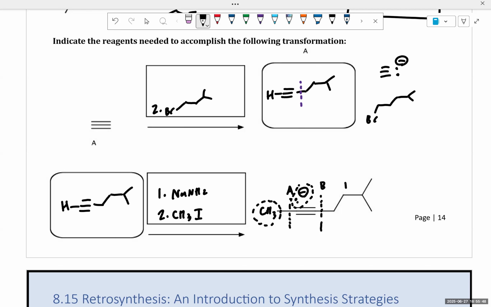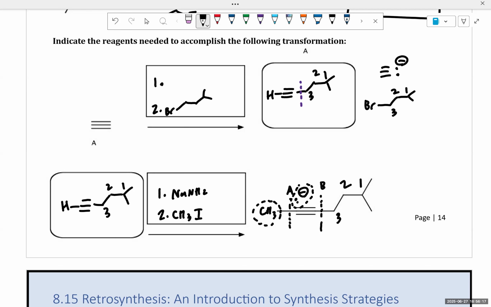Let me just make sure my carbon counts are correct. So here we have 1, 2, 3, 1, 2, 3, 1, 2, 3, 1, 2, 3. The halide needs to be here on carbon 3.